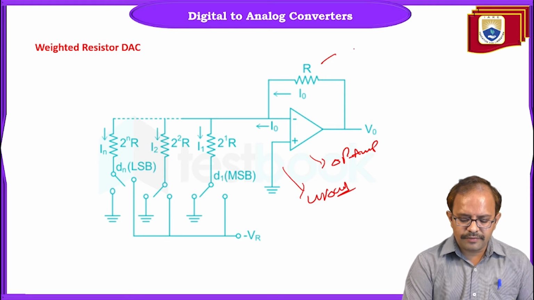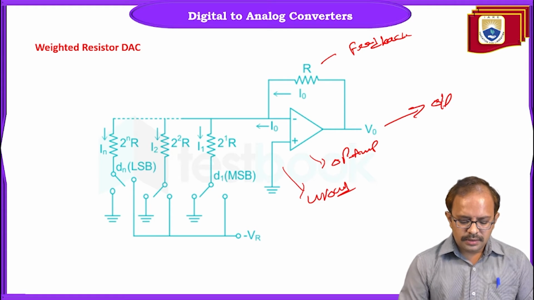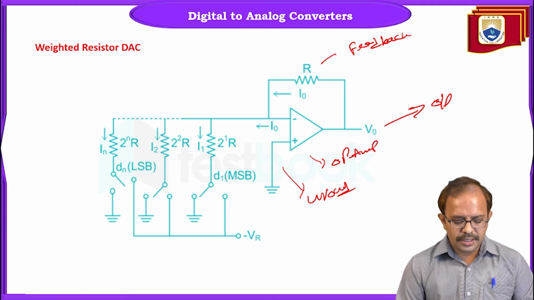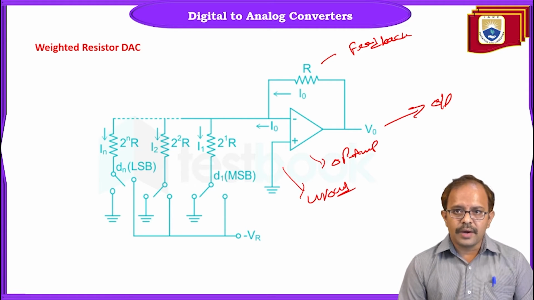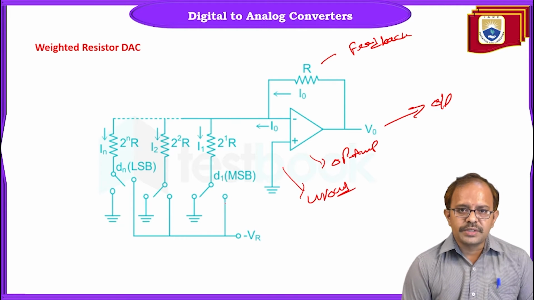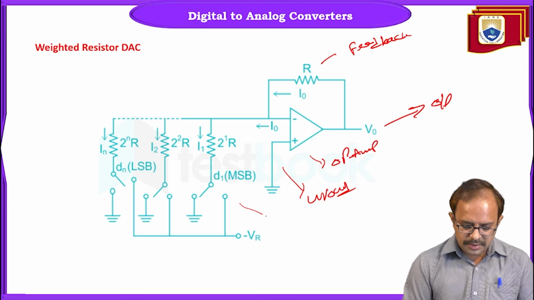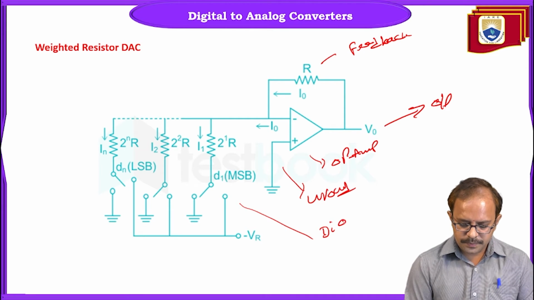This is nothing but a feedback resistance, and finally this is my output, right? And this is nothing but a weighted resistor network. Here if you observe, we have a number of switches, which are nothing but digital switches.